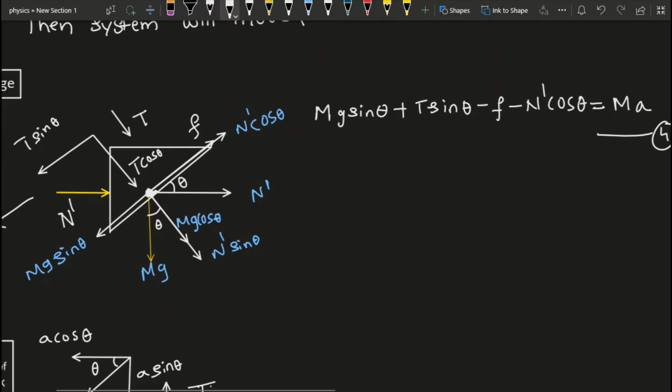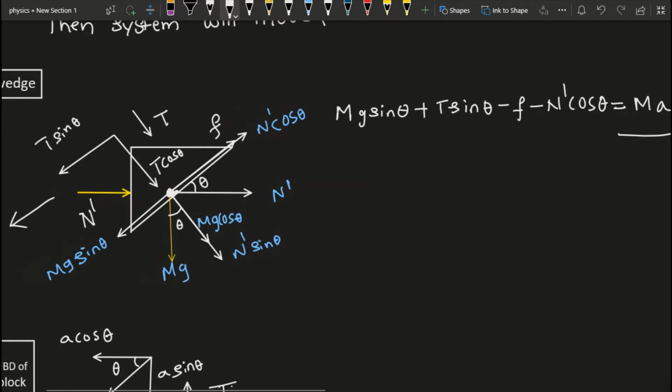Because we are having the vertical forces that are acting on the wedge, which are normal to the incline. See here, n dash sin theta and mg cos theta and t and t cos theta are the forces which are acting in downward direction.